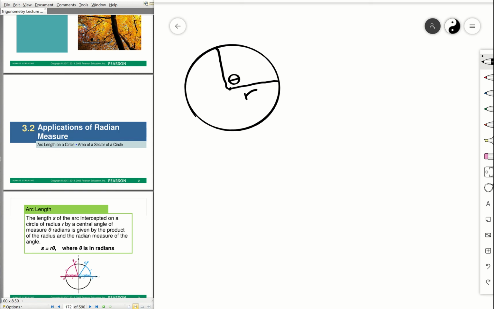Now, when you have a circle like this, then this central angle intercepts 2 geometric figures corresponding to that circle. One is this natural arc that you can see right here, and one is this sector that I'm coloring in blue.